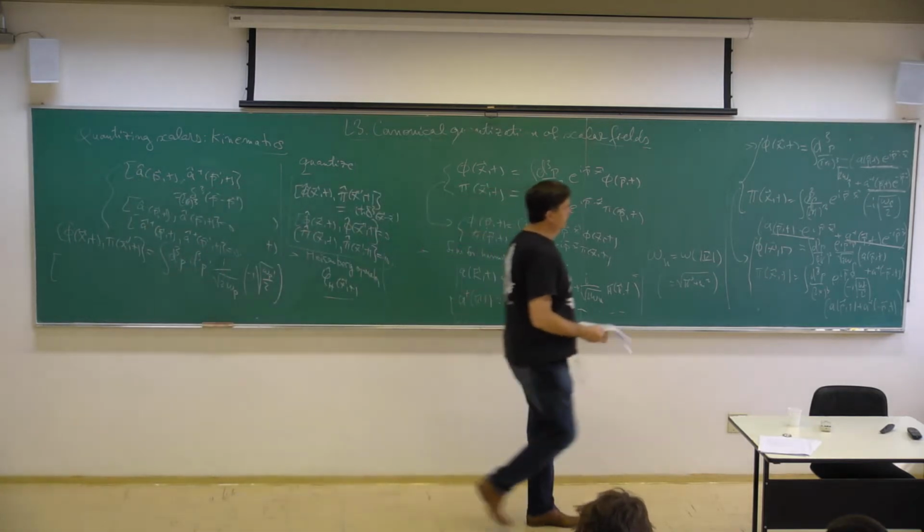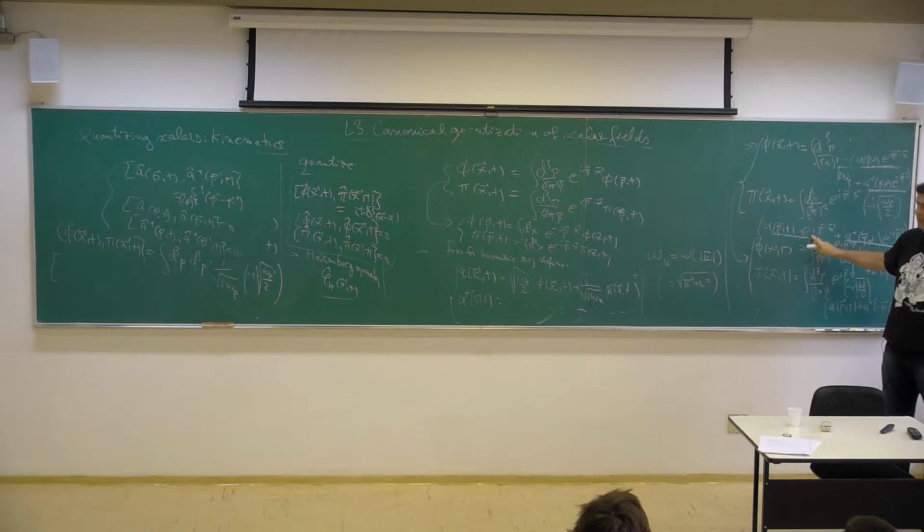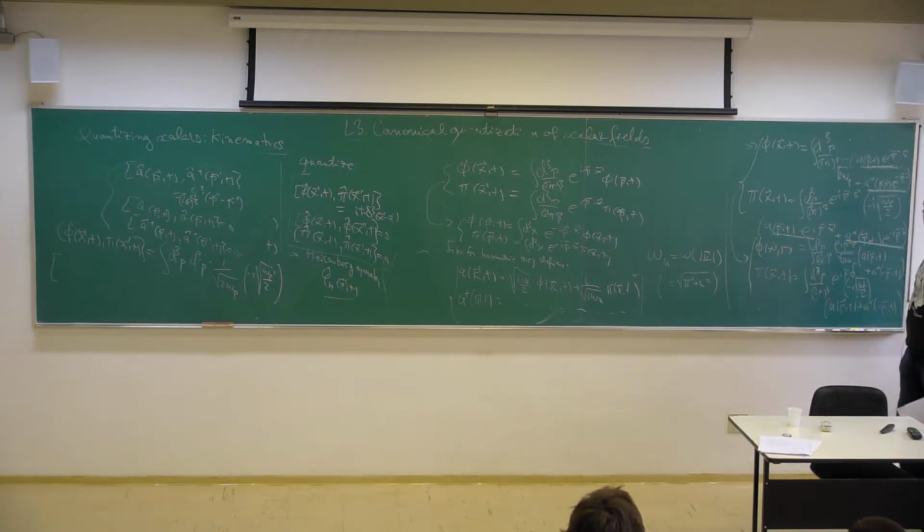Then I commute these four factors, right? But if I commute A e to the IP with A e to the IP, I get 0. A with A is 0. Also, if I commute A dagger e to minus IP with A dagger e to minus IP, I also get 0. So the only non-zero case is A with A dagger and A dagger with A, right?